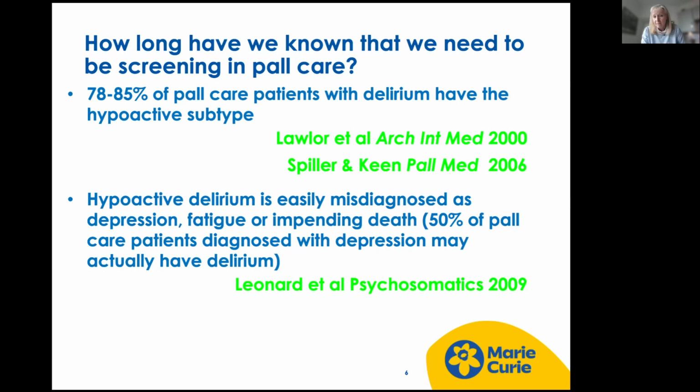This was one of the first research projects that I was involved in, certainly as a trainee, and that was where my interest in delirium came from. But it was Peter Lawlor and his team back in 2000 that really identified that of all of the patients in palliative care with delirium, between 78 and 85% of these patients have the hypoactive subtype.